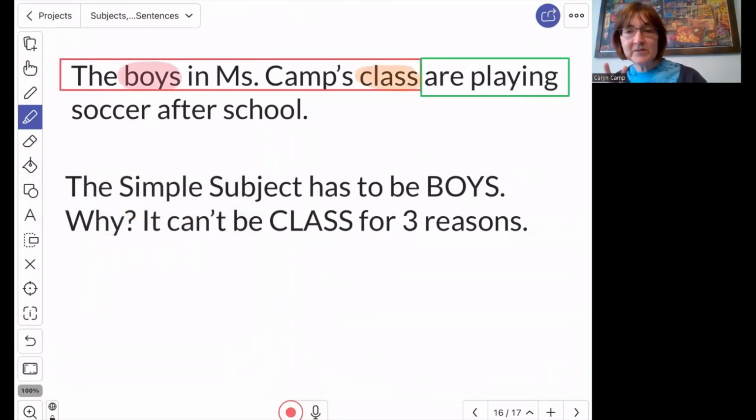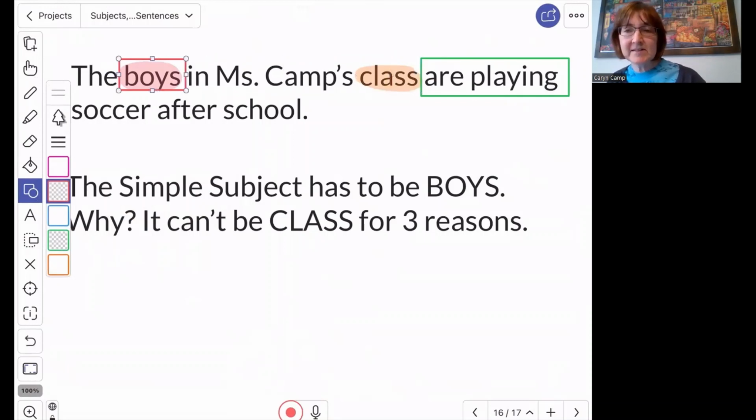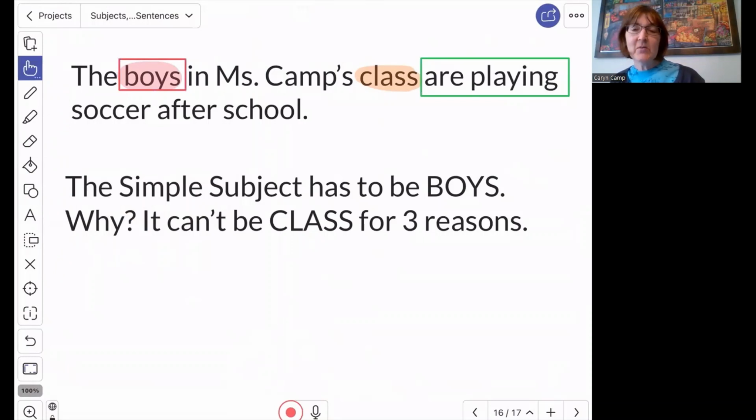There were 2 nouns in there, but we decided that our simple subject is just going to be boys. Okay, even though class is inside the complete subject. And so why can it not be class? Well, there's 3 reasons, if you can remember. One is that our class includes girls, and this sentence says it's just the boys who are playing soccer. So that's reason number 1, it doesn't make sense.